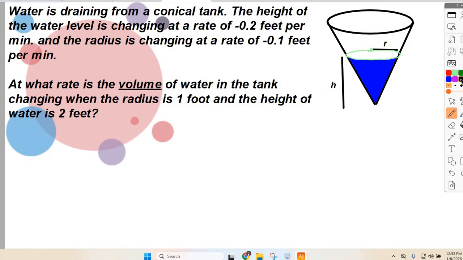Time. So how would I put that using symbolic notation? dH over dt. And they tell us that dH dt is -0.2 feet per minute. Okay, what else do they give us?